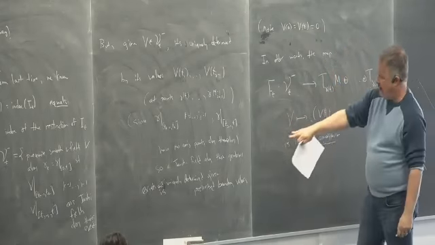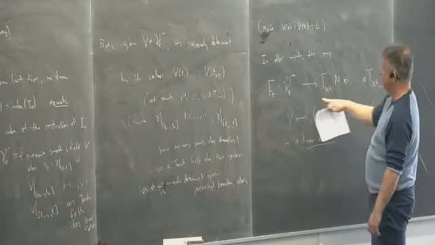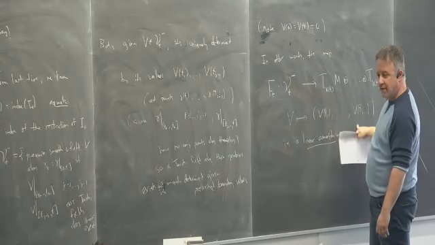Okay, the fact that the Jacobi field exists and is uniquely determined by the boundary values tells you that this is a bijection, and it's obviously linear.